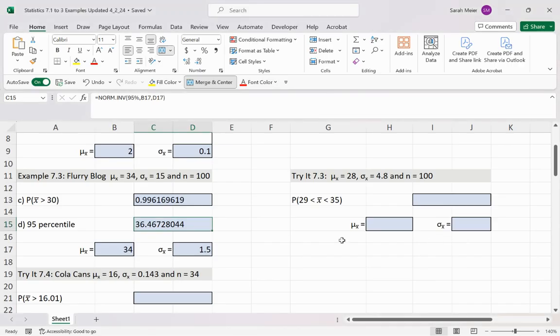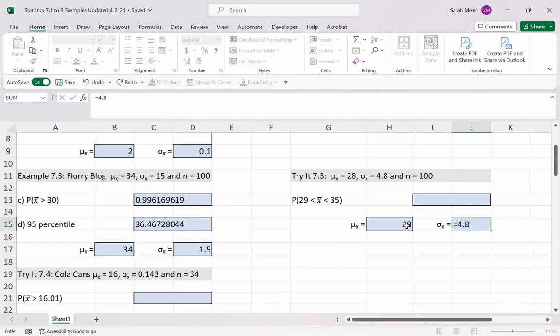So if you want to see it here, our mu sub x bar is the same as the original one, so 28. Sigma sub x bar is 4.8 divided by the square root of 100. And then we do our in-between probability.